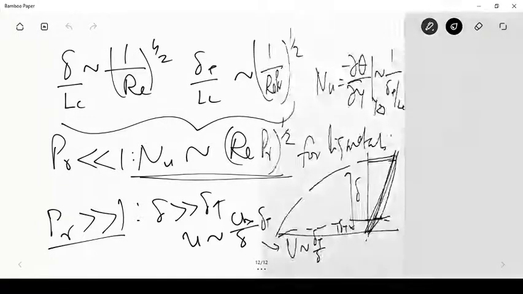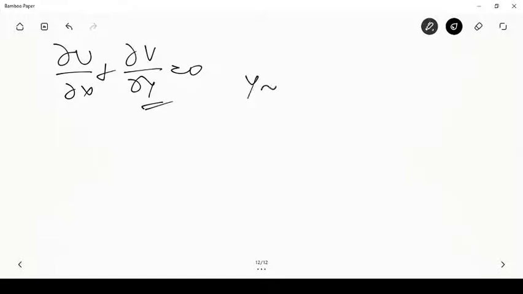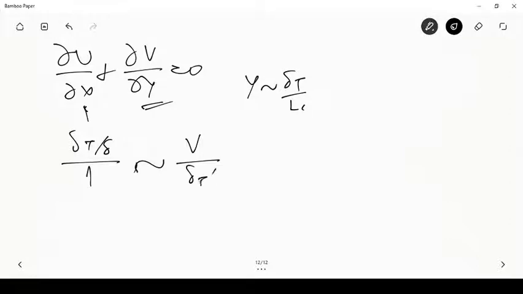And if I substitute this into the continuity equation, del u by del x plus del v by del y equal to 0, where y is of the order of delta t by LC, then x is of the order of 1, and u, of course, we have said is delta t by delta, and this is of the same order of v by delta t by LC.